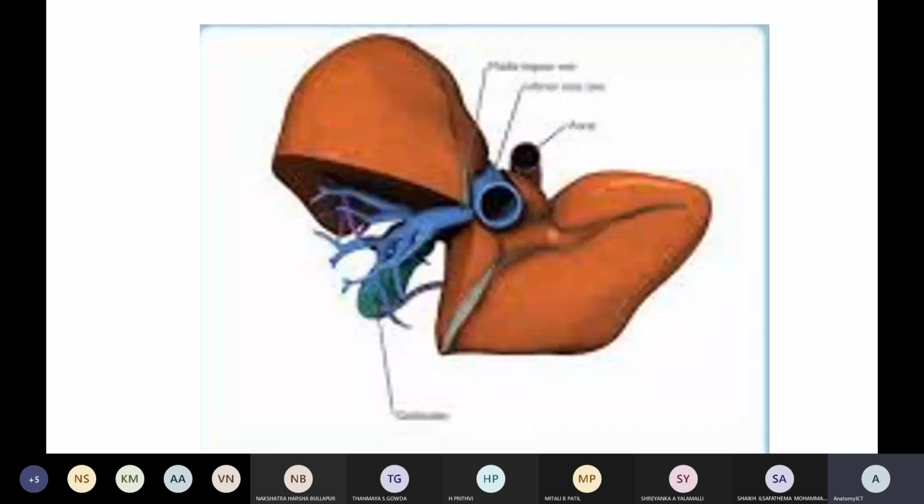Hepatomegaly. The word hepato pertains to the liver, and megaly is nothing but enlargement of the liver. There are definitely several conditions, such as malaria, malarial fever, or hepatitis, where the liver is enlarged.